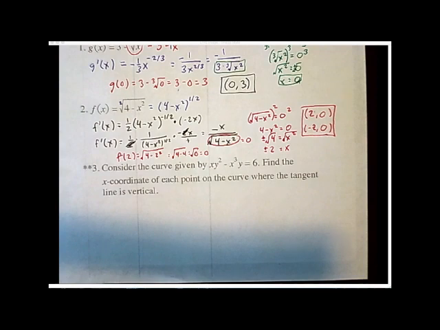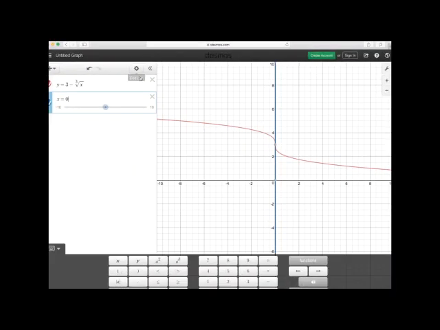So let's see that on Desmos real quick. I'm just going to say y equals the square root of 4 minus x squared. So it's a semicircle.